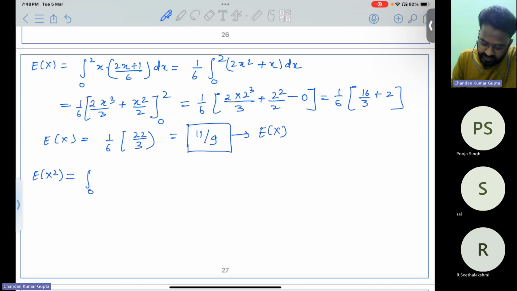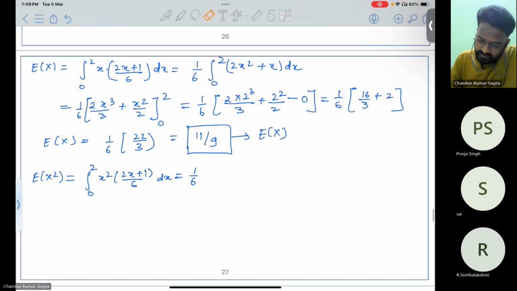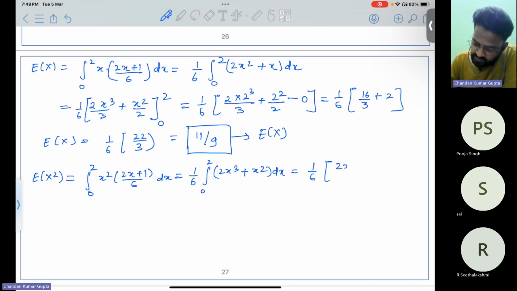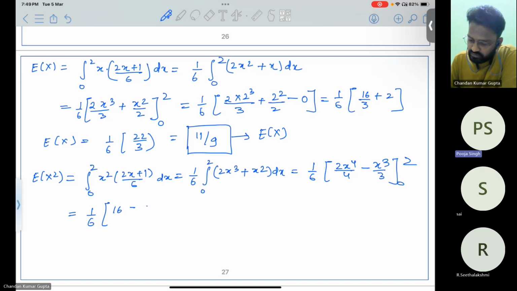So the expected value of x square is the integral from 0 to 2 of x square times (2x plus 1) by 6 dx, which is equal to 1 by 6 times the integral of 2x cube plus x square dx, which is equal to 1 by 6 times 2x to the power 4 upon 4 plus x cube upon 3, from 0 to 2.